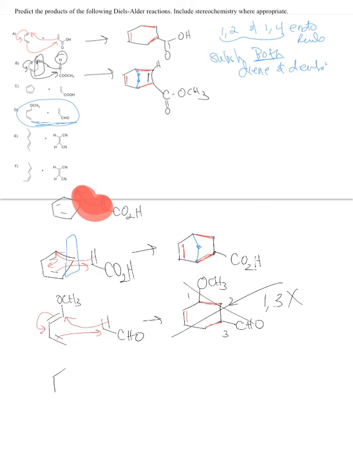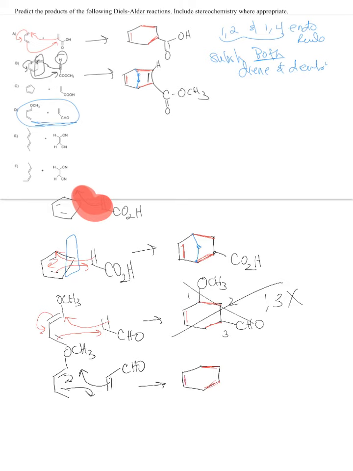And let's see, so what we do here then is turn this upside down. So let's turn this upside down. And then we can draw this like this. And then we redraw that. Here's our new sigma bonds.